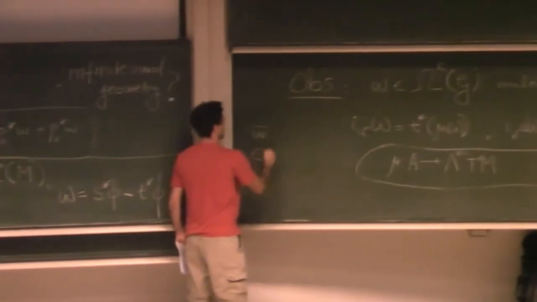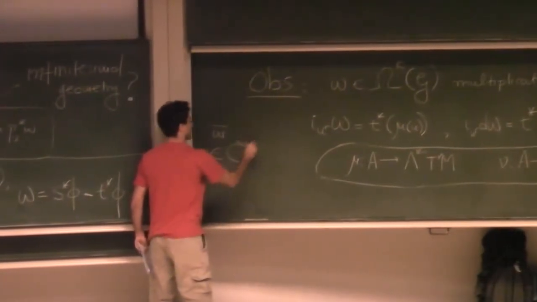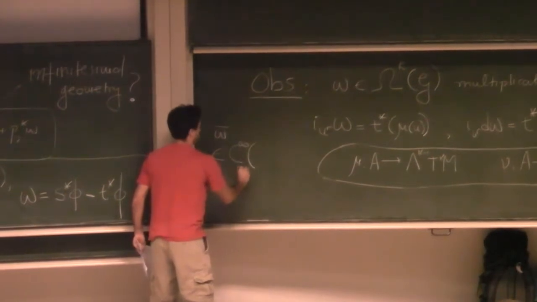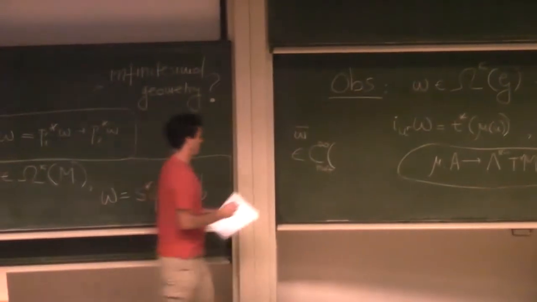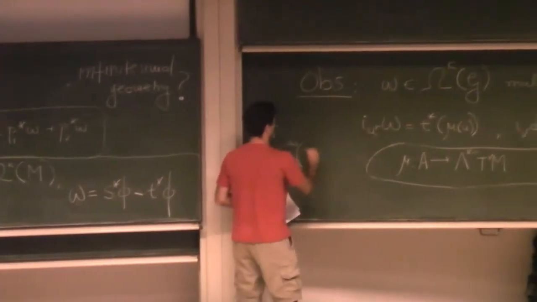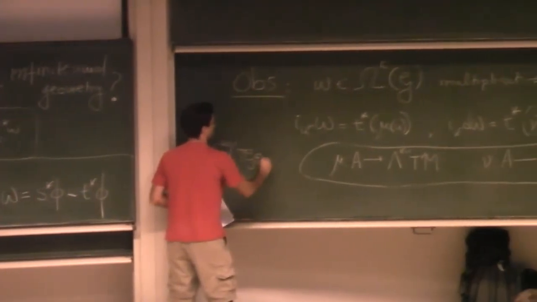And just one remark is that a very convenient way, which was important for the computation, is to really promote k-forms to functions somehow, to multiplicative functions on groupoids.